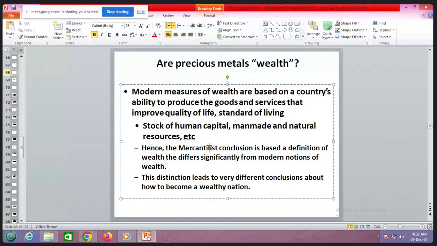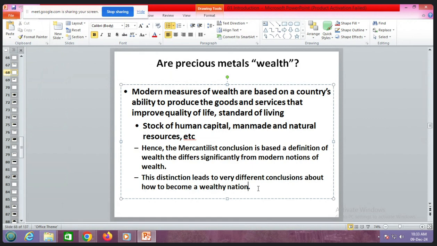But in the 17th century, when the mercantilists existed, they did not have the notion of modern wealth. For them, it was just the precious metals that was considered to be wealth. So this distinction leads to different conclusions as to how a nation can become wealthy.